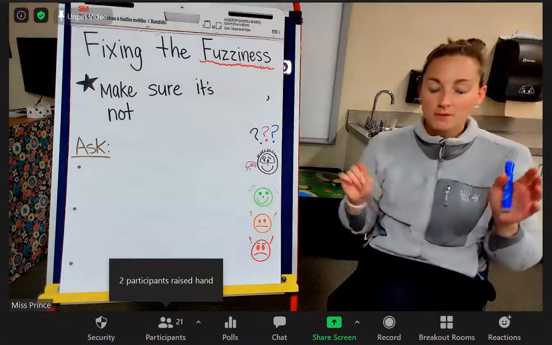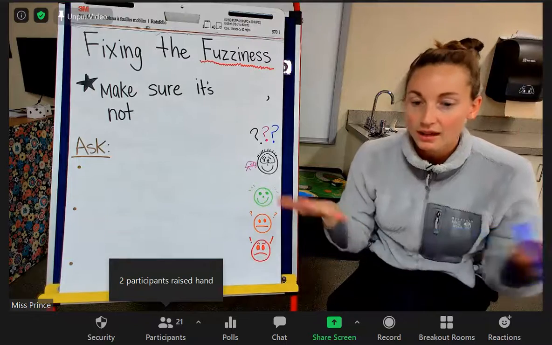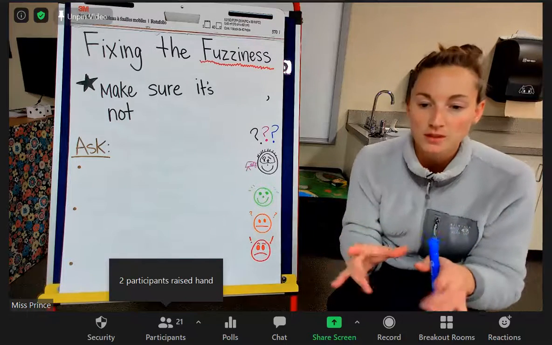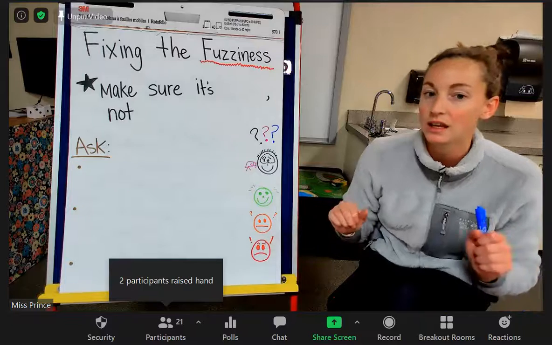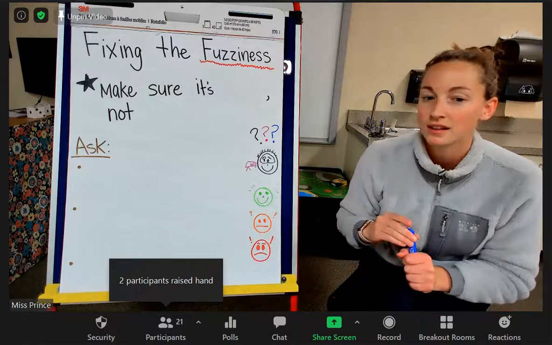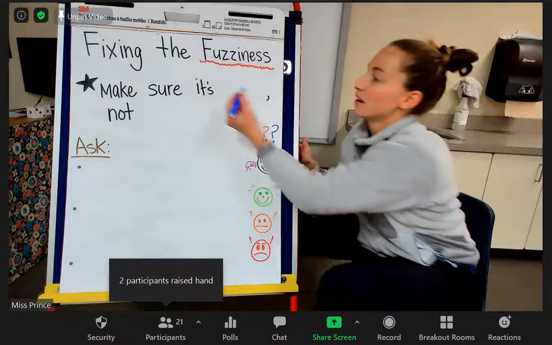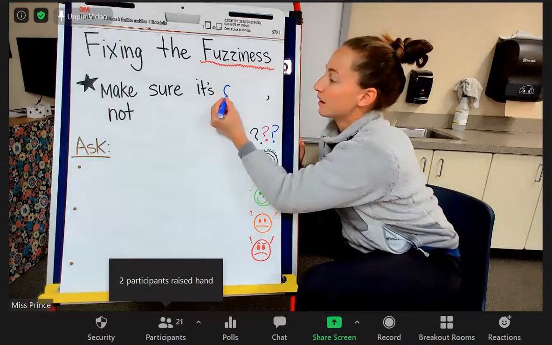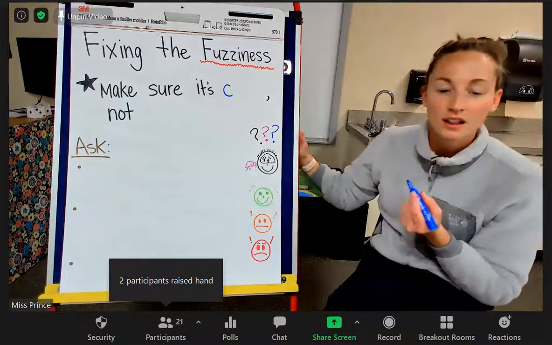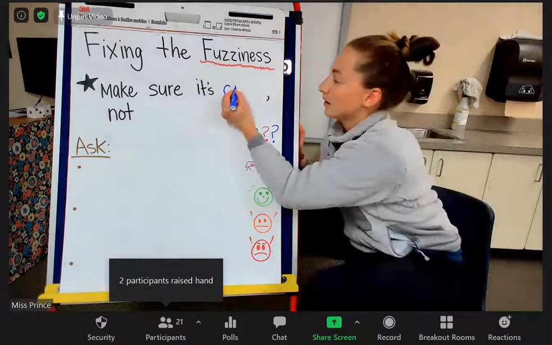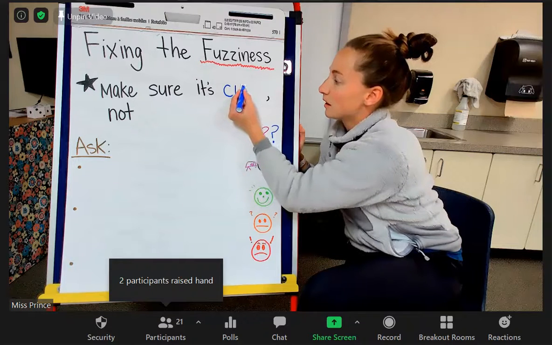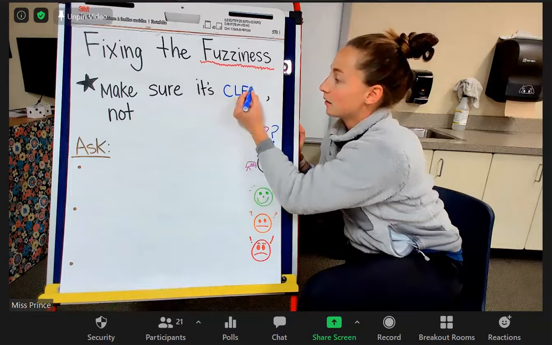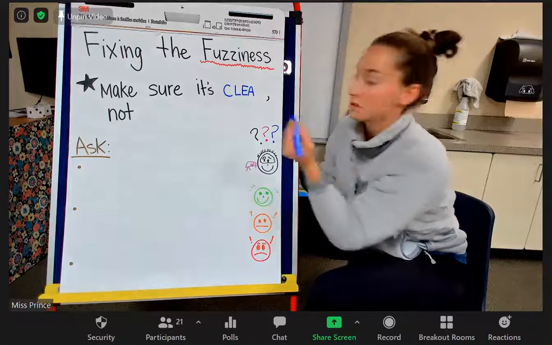So if you're looking at a pond and you see the ripples in the water, and then those ripples calm down and the water is perfectly, I'll give you the first letter. Clear. We want to make sure that our stories are perfectly clear. So normal, that was a good word bracket.